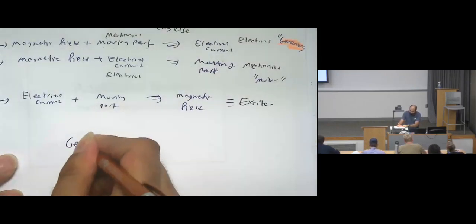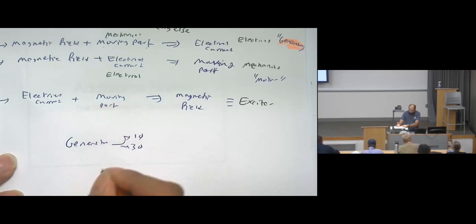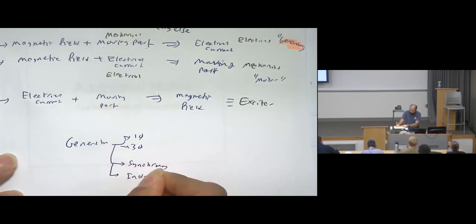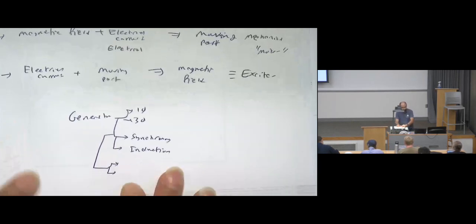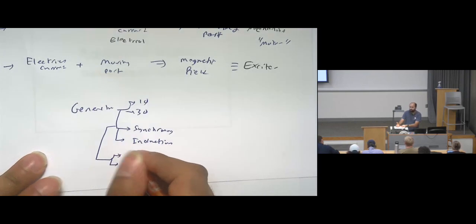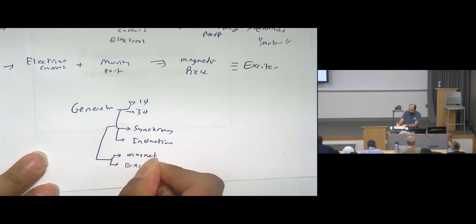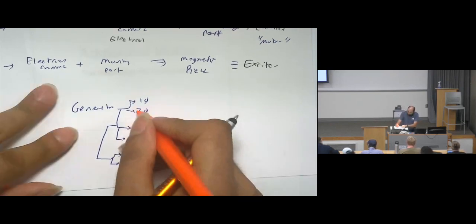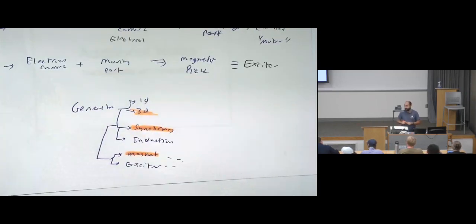For the generator, it can be single-phase or three-phase, and they can also be synchronous or induction, and different depending on whether it has a magnet inside or an exciter, something like that. So we will focus here on three-phase, synchronous, with a magnet inside. This is a very special case.